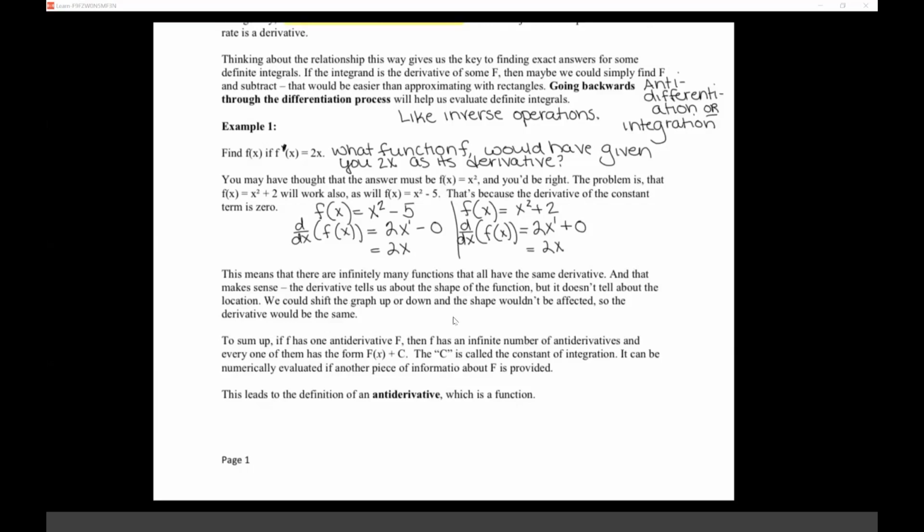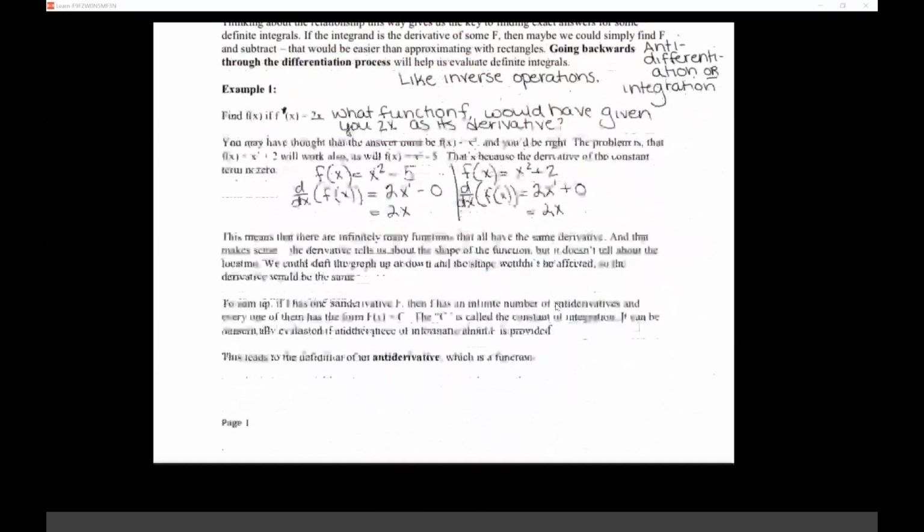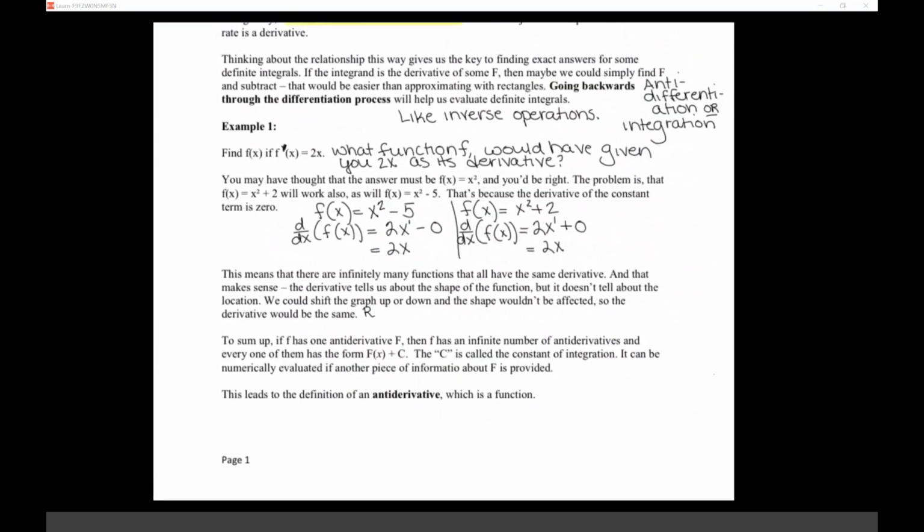The derivative tells you it's a quadratic, but it doesn't tell you exactly where it is. In other words, plus or minus something moves it up and down on the y-axis. You can shift the graph up and down and not affect the shape, so its derivative, its rate of change, is going to be the same. Let me put that over here: it depends on shape, not location.